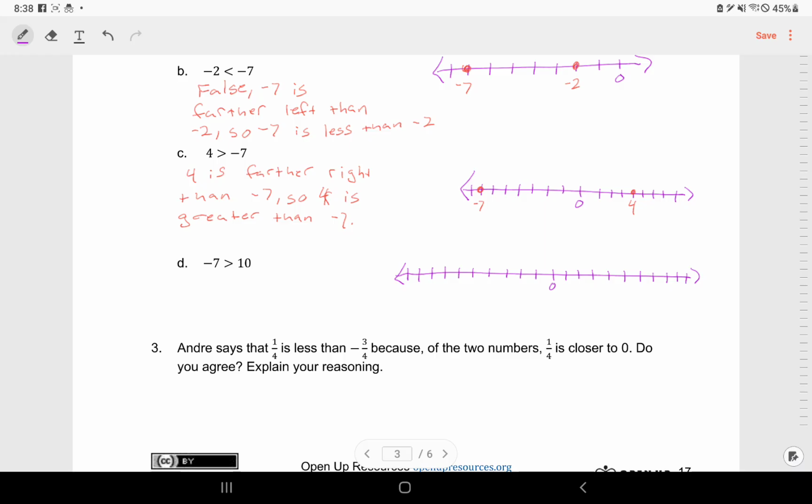Okay. And so for letter D, we've got 1, 2, 3, 4, 5, 6, negative 7 here, and 10 there. And so this one is false.